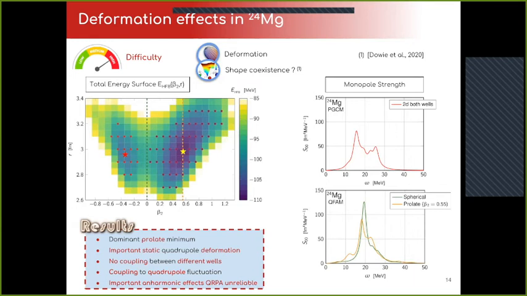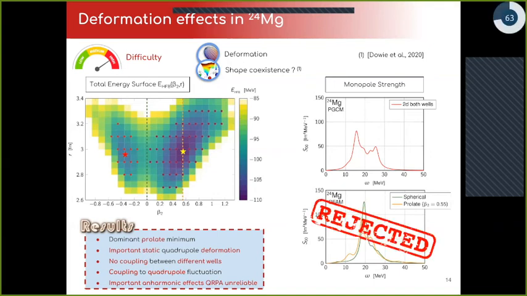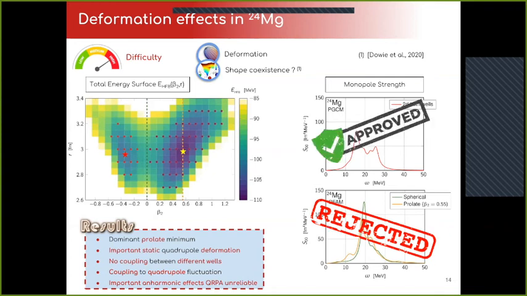So we expect higher components to play a significant role, so that these important anharmonicity effects make QRPA unreliable, and for this specific case, we think that this solution is to be rejected in favor of the P-GCM one.